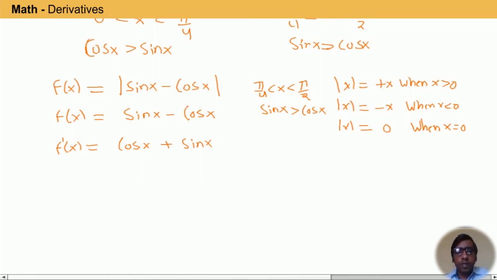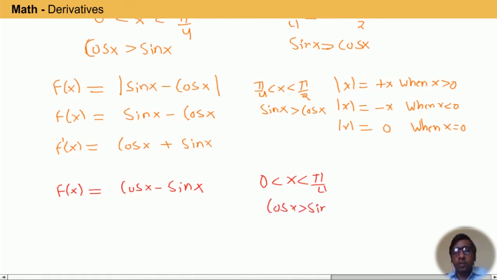In the second case, instead of sin x minus cos x, we are writing cos x minus sin x when x lies between 0 to pi by 4, and when cos x is greater than sin x. This is the second case. Finding the derivative, f'(x) equal to negative sin x, negative cos x.